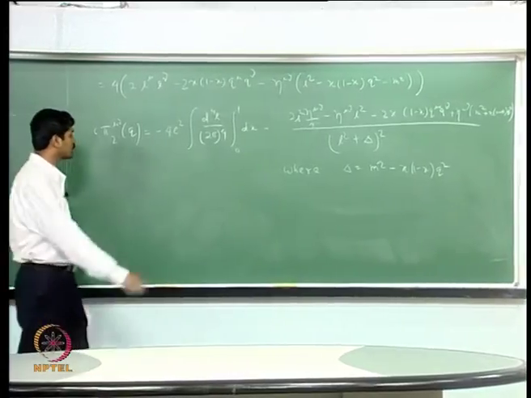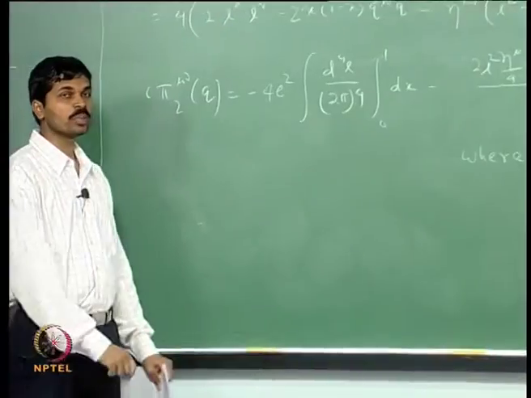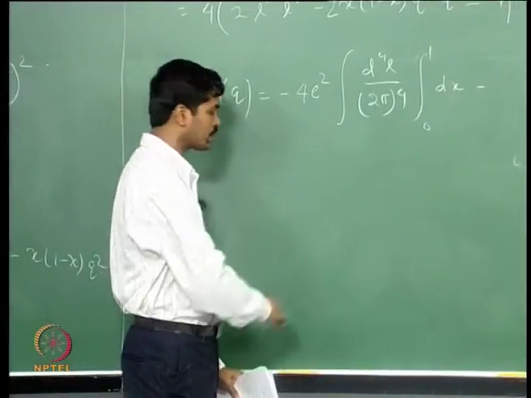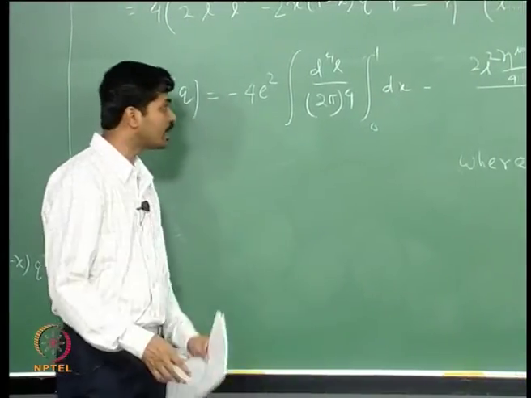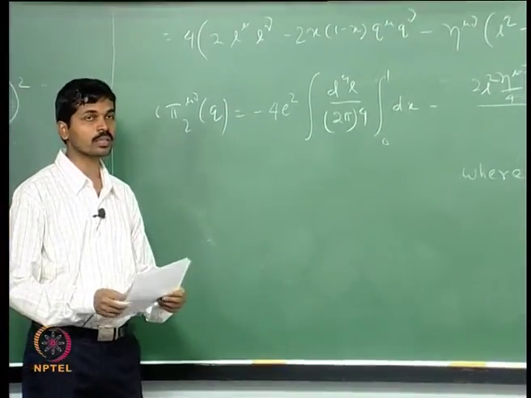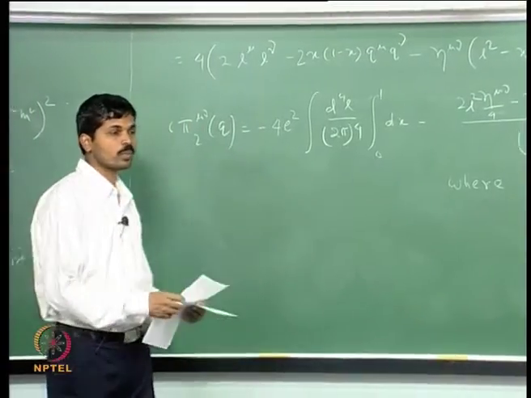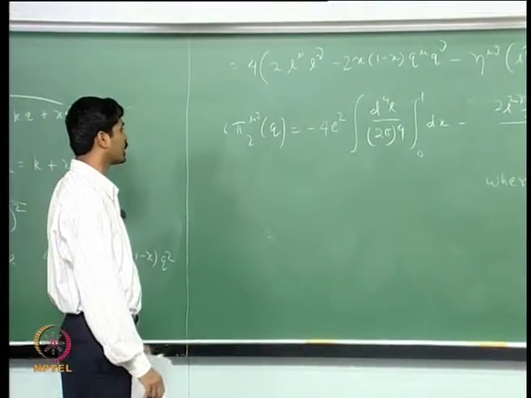So, what we will do is, in the next lecture, we will first introduce a UV cutoff, and then we will evaluate this integration explicitly. We will see that this is quadratically divergent. In fact, if we use a UV cutoff, then pi mu nu does not preserve Ward identity, it violates Ward identity.